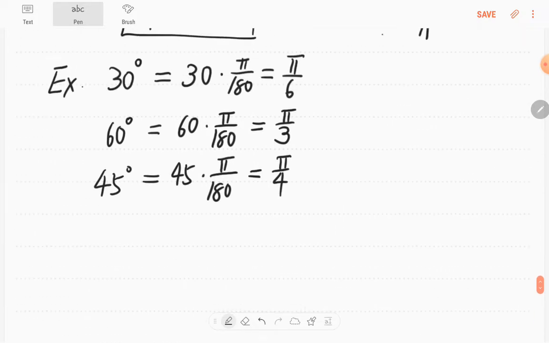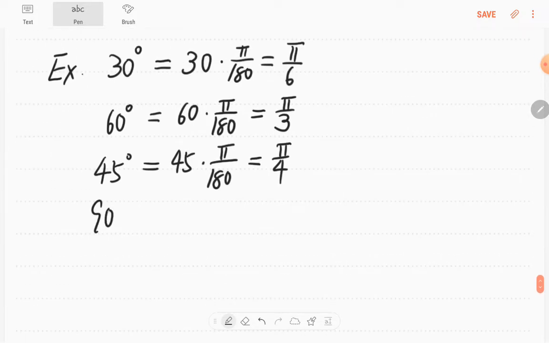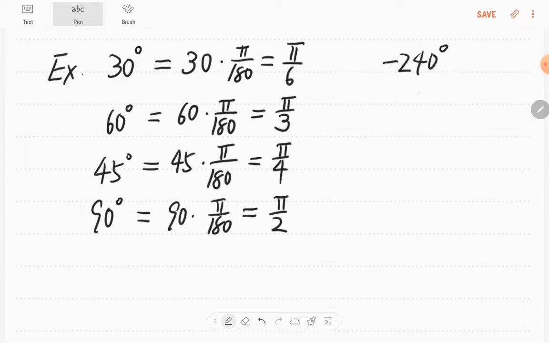If you have 90 degrees, this one would be 90 times pi over 180. So you have pi over 2, right? If you have negative 240 degrees, you have negative 240 times 1 degree.